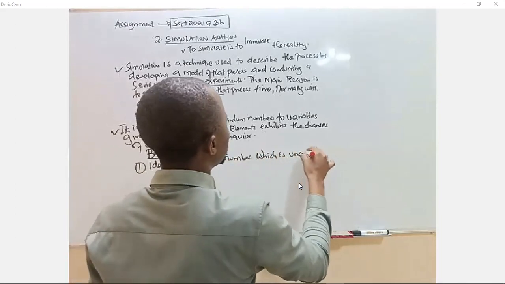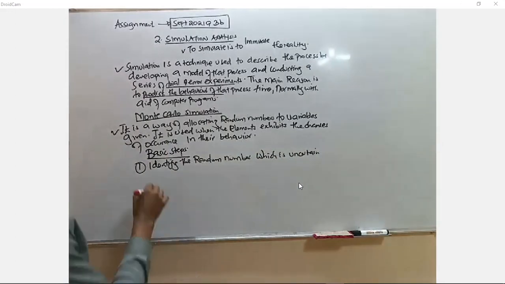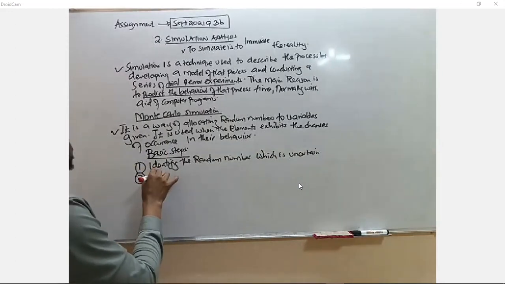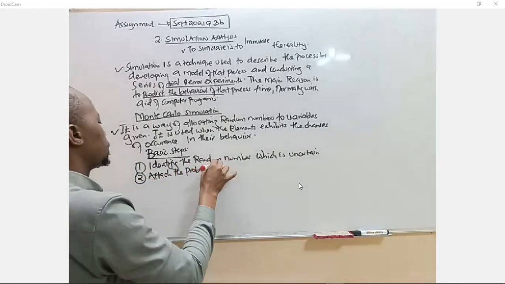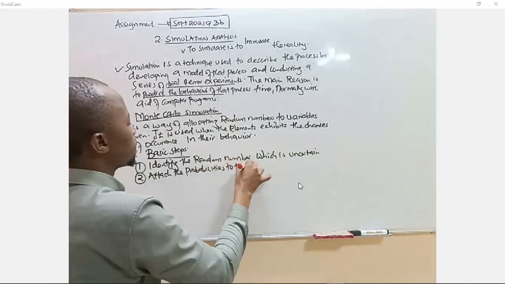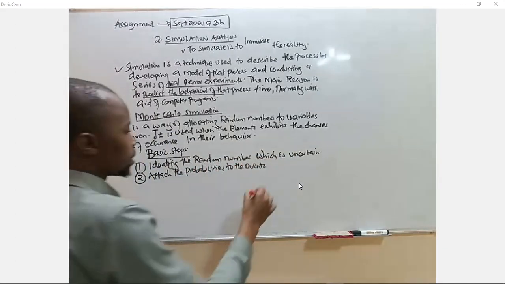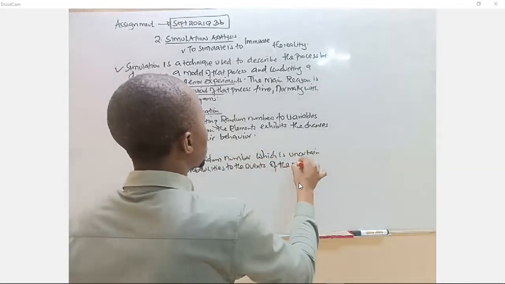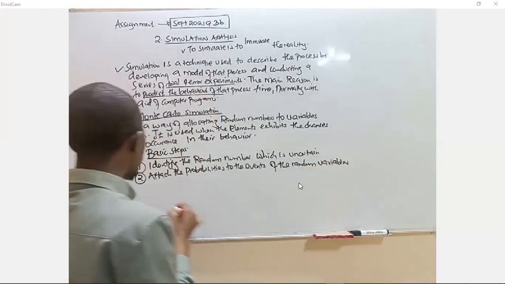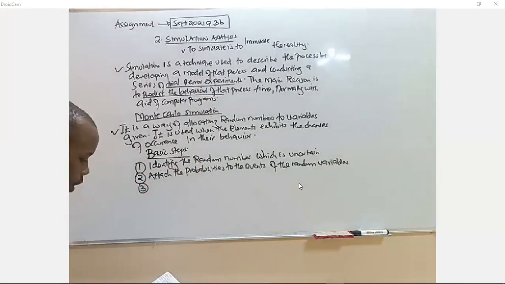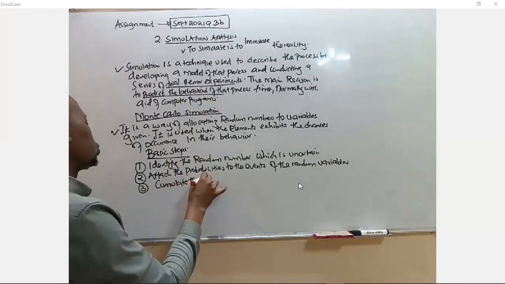Number two, attach the probabilities to the events of the random variables. Number three, cumulate the probabilities.